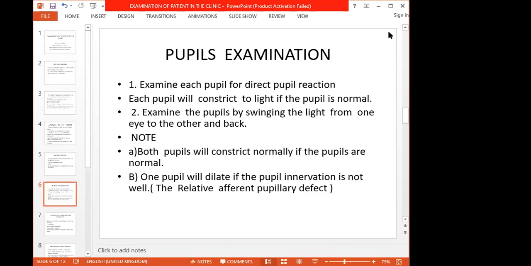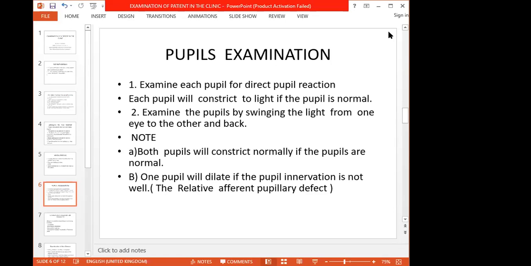So when you are swinging, it means in this eye the fibers are partially destroyed or not functioning well. That's why it's a relative. An absolute defect will not react to light.